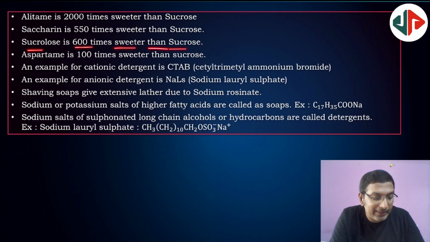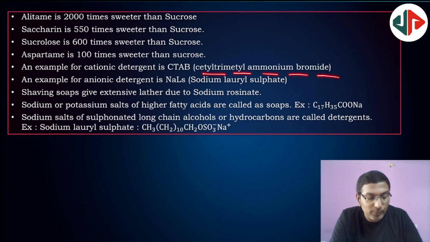Sucralose, 600 times. Aspartame, 100 times. Next, an example of a cationic detergent is cetyl trimethyl ammonium bromide, CTAB. Anionic: sodium lauryl sulfate. Next, shaving soaps give extensive lather due to sodium rosinate.